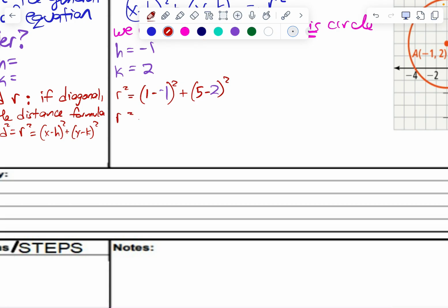So R squared equals 2 squared plus 3 squared. So 13 for R squared. Everybody good on where we got that? Just basically the Pythagorean theorem on those 2 points.